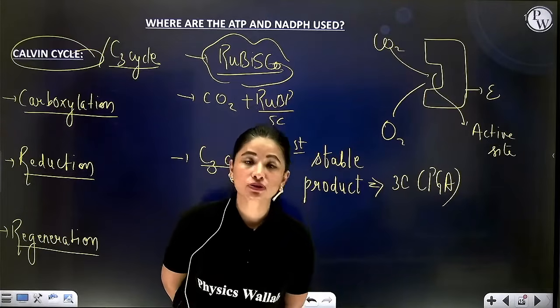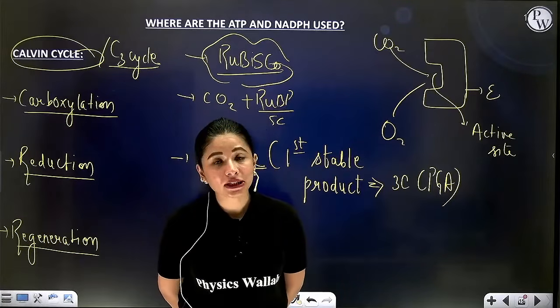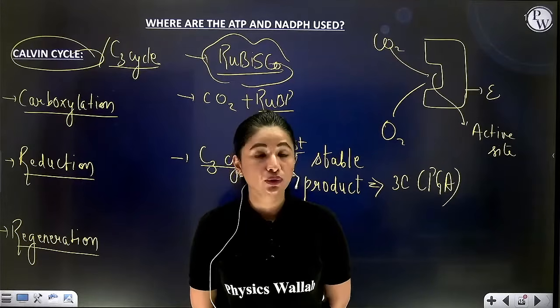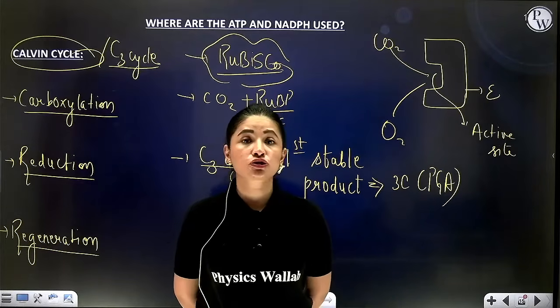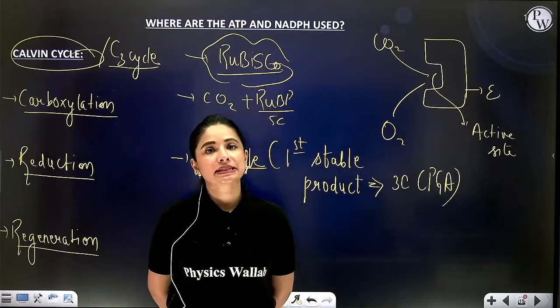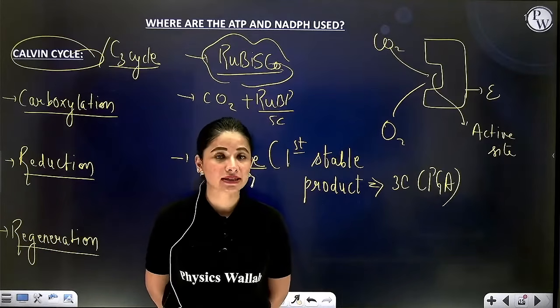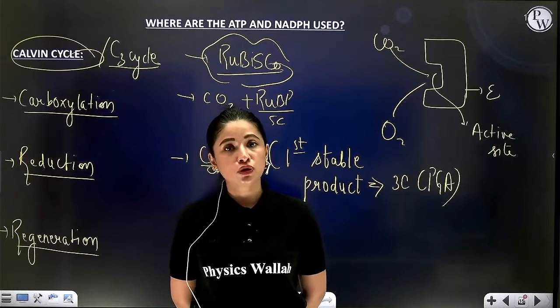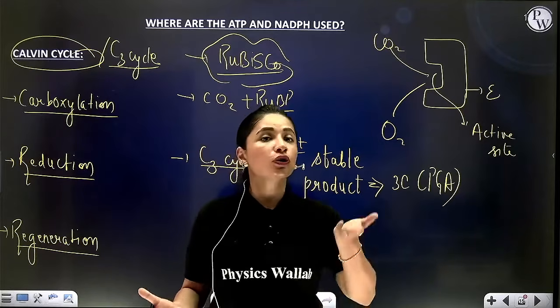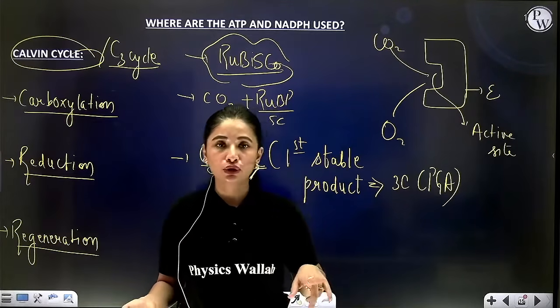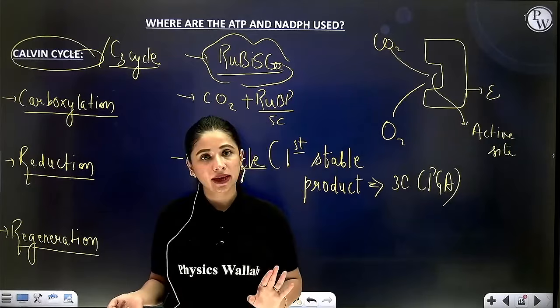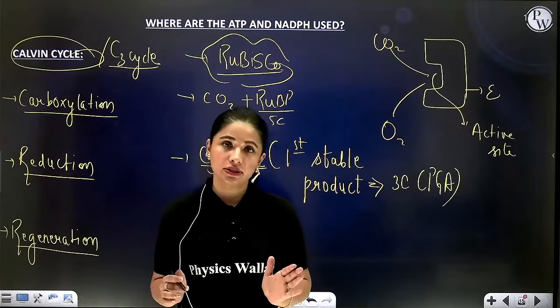Enzyme rubisco shows competitive binding with CO2 and O2, and what substrate is going to bind rubisco is decided by the concentration of that substrate. Suppose if in the stroma the concentration of CO2 is more as compared to O2, CO2 will go and bind with the enzyme, and vice versa.